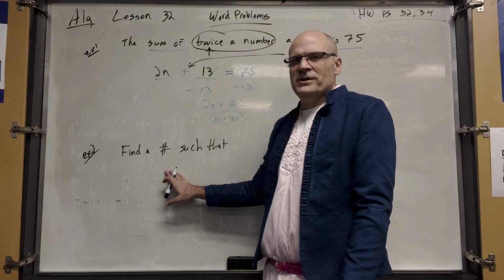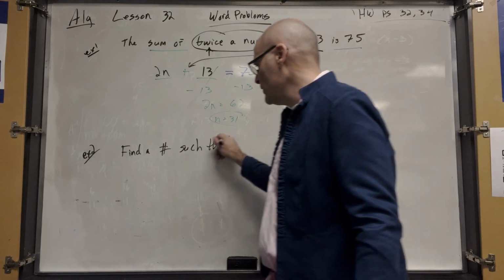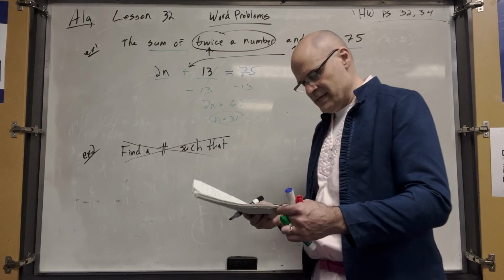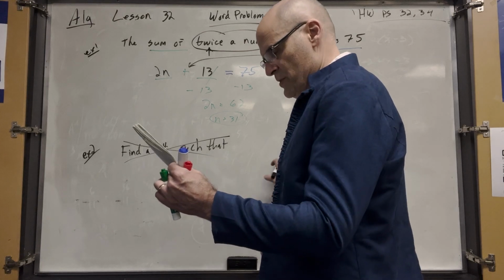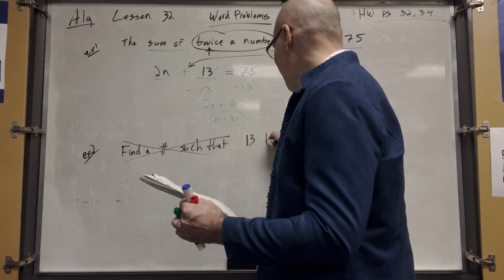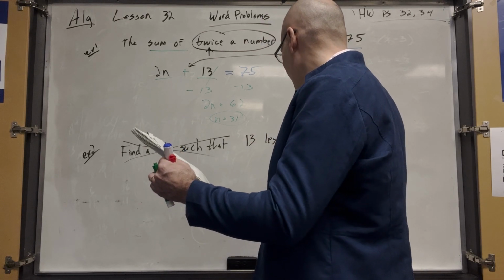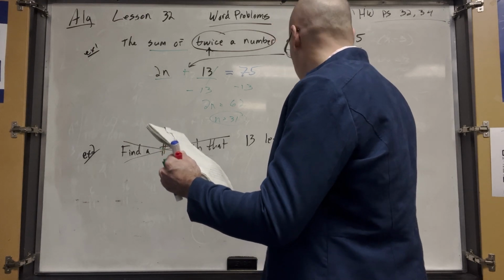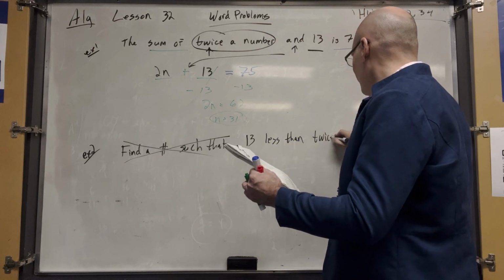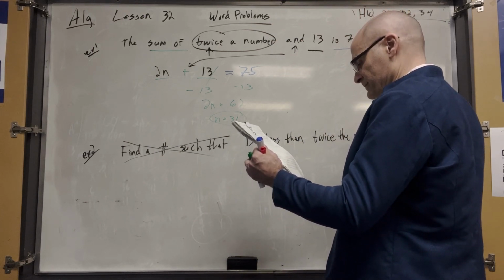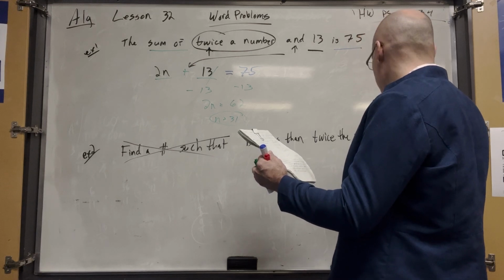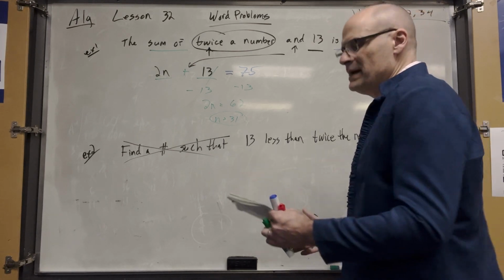Here's the number's story, okay? So this is all fluff. We don't care about that. Just give me the info. 13 less than twice the number is 137. Okay, don't panic.